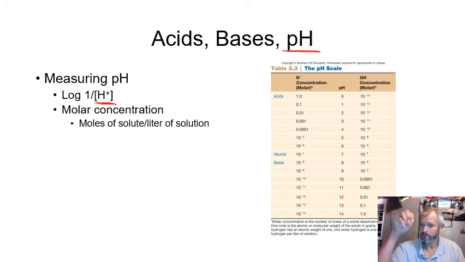If I put an acid into my water, I take hydrochloric acid and put it in my water, what's going to happen to my amount of this? It's going to go up very largely. The amount of this is going to increase if I have put hydrochloric acid into water.